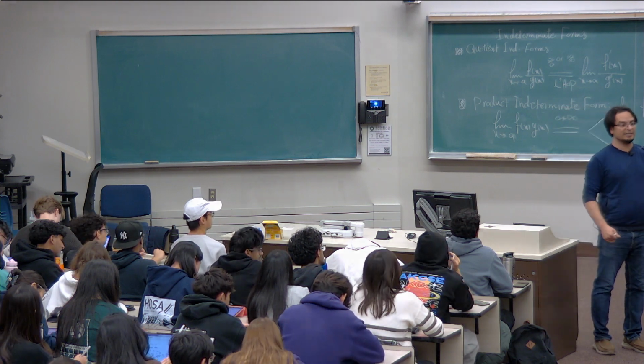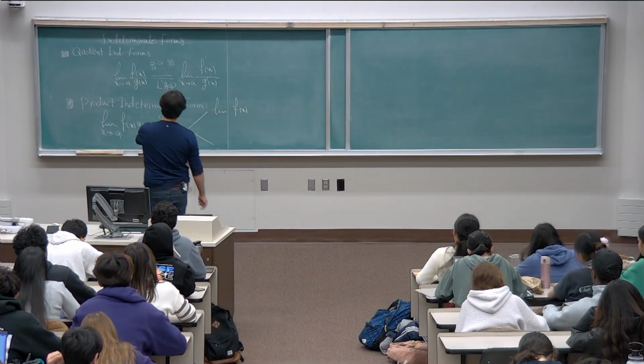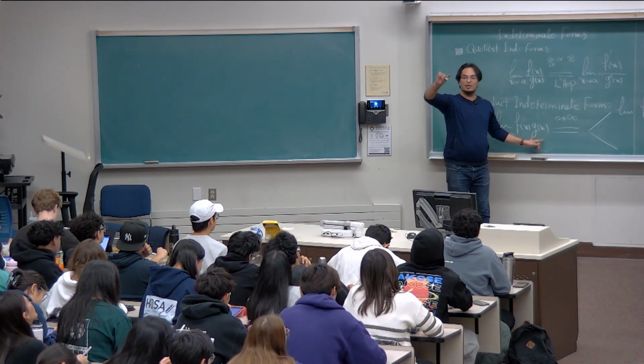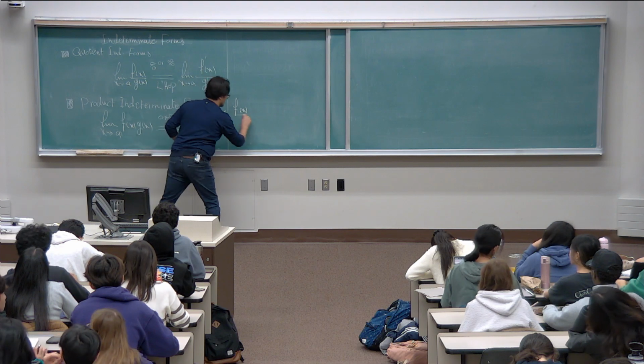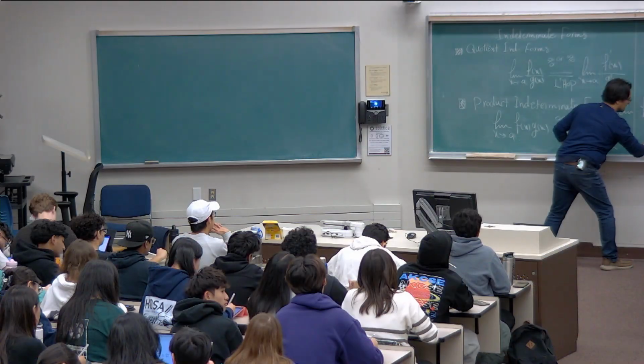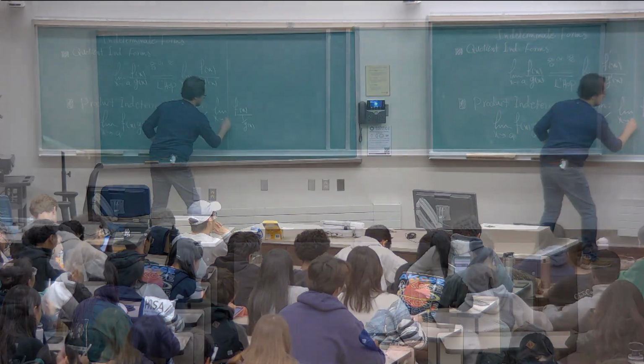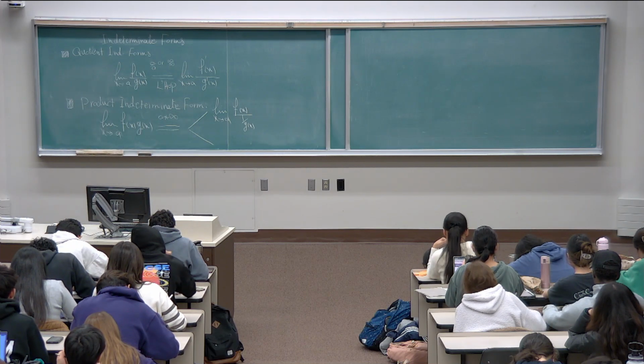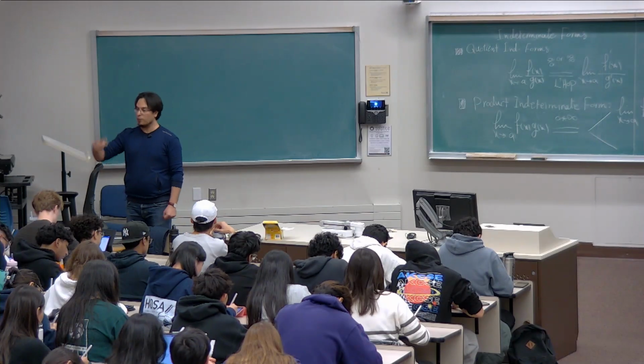Inverse of inverse is that number. Now I can turn g(x) into 1 over x. In other words, I can write f times g as f over 1 over g.